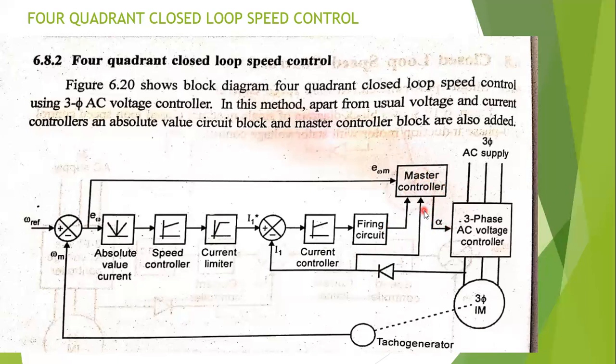Based on these three pieces of information, the master controller develops one firing angle, which is given to the three-phase AC voltage controller, and the three-phase AC voltage controller can be controlled.